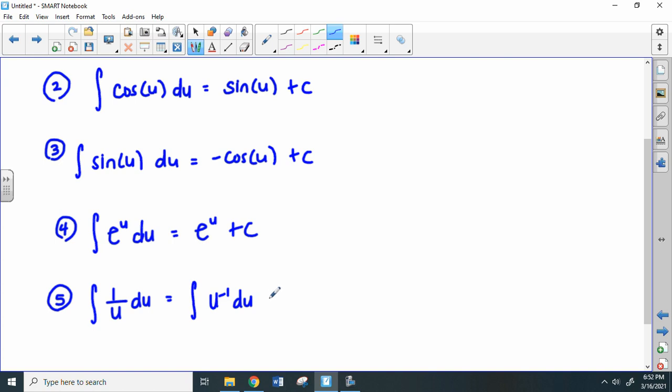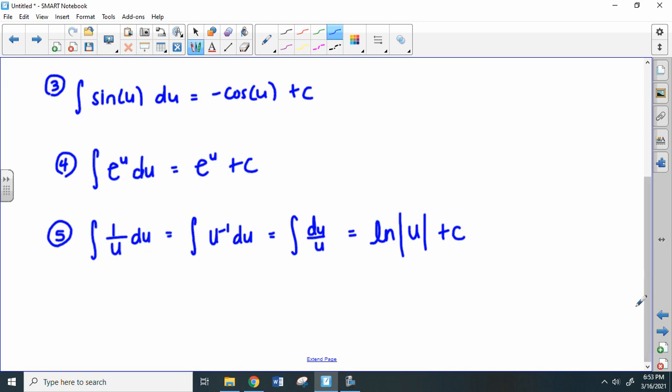Another way that you might see this is literally du on top of u, because that's what you get when you multiply 1 over u times du. So 3 different ways you could see the same thing. And we do know that that should give us the natural log of the absolute value of u plus c. Okay, so then how does this u substitution thing work?